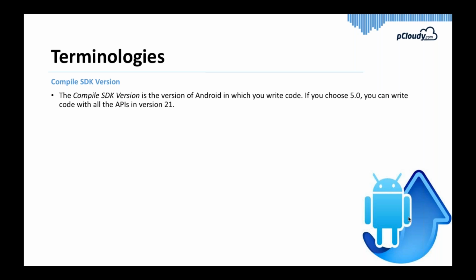Because when the app is compiled, the developer has to mention for which SDK version this app has been built. So let's say if you choose 5.0, you have to build it with API level 21, which is the corresponding API for 5.0, which means you are using the APIs of 5.0 to build your application.